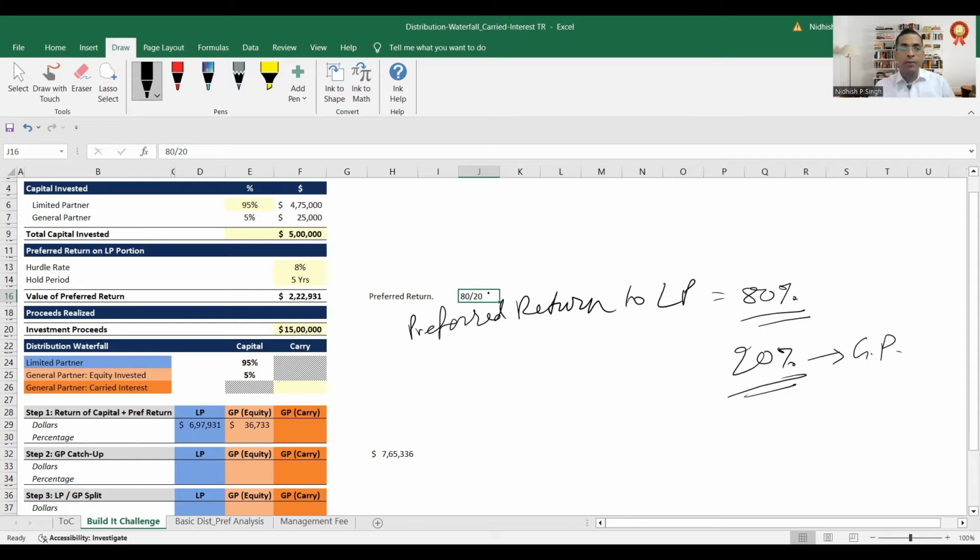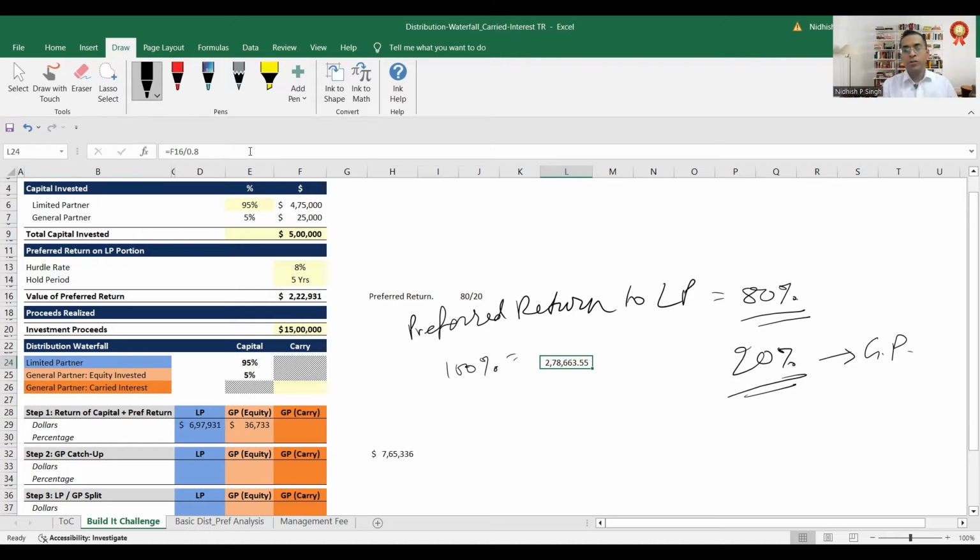So let's do the math. If this amount is 80%, what is 100%? Let's calculate. So 100% would be this, divided by 0.8. So here we go.